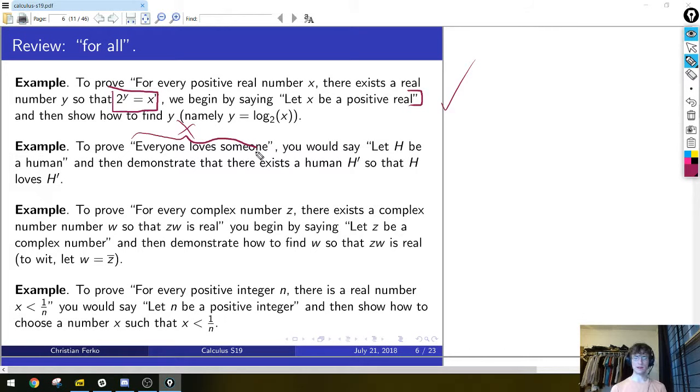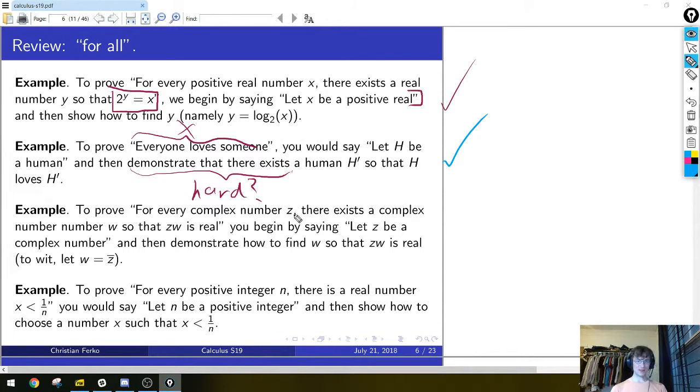If you wanted to prove that, you start by saying let h be given, so let h be a human, and you write a proof that there exists a human h prime such that h loves h prime. This is the hard part, because I don't think that's actually true. It's probably not even true in general that h loves h, but it's neither here nor there, I guess. So the structure is the same.